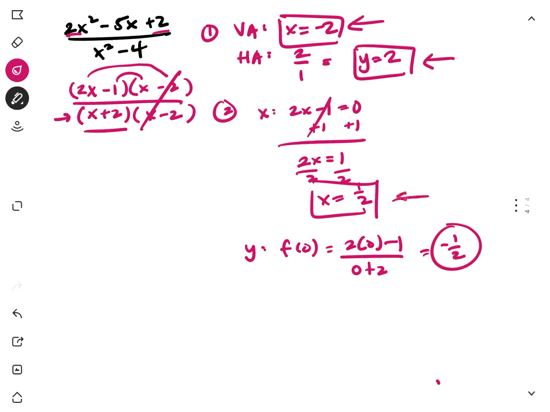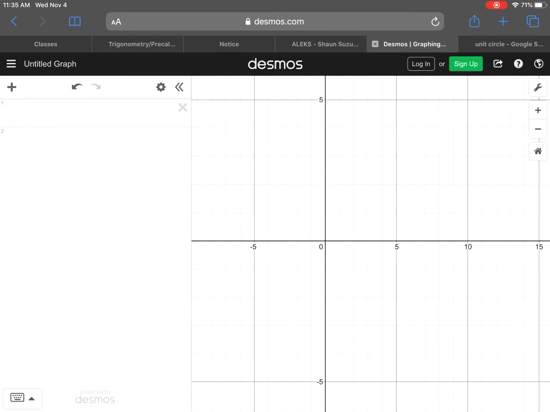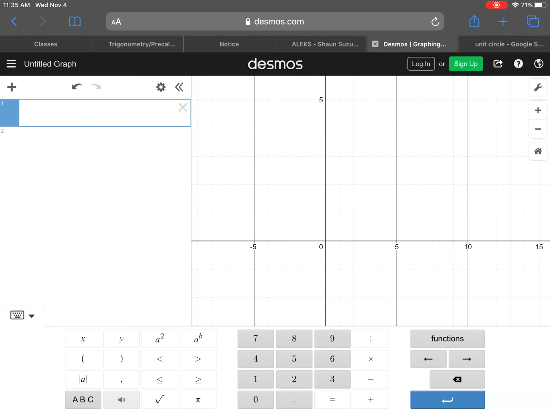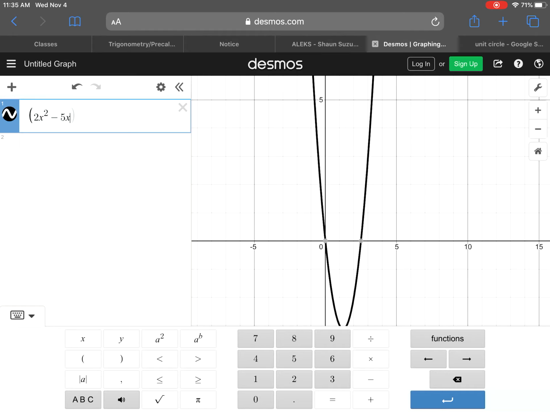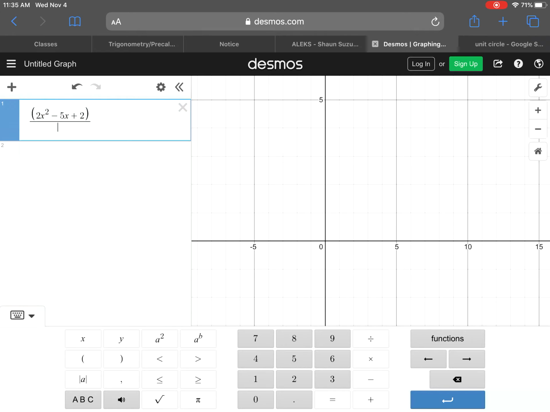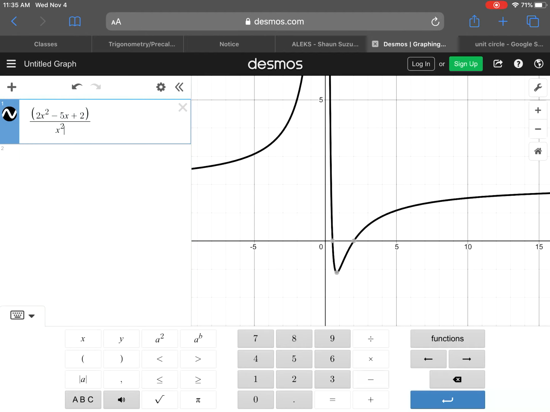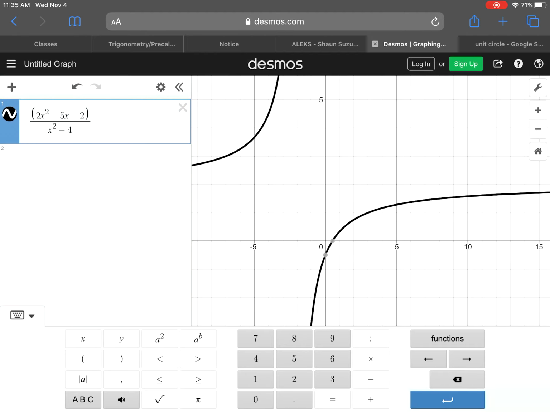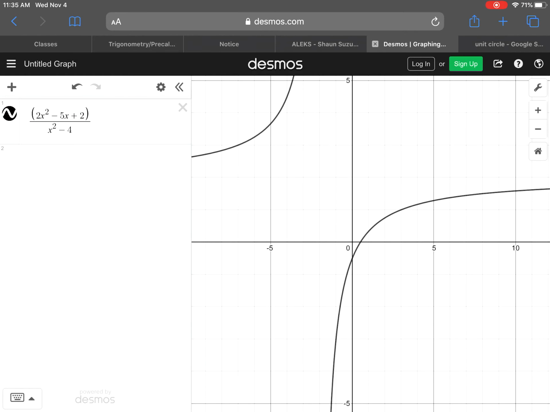So let's put this all together: 2x squared minus 5x plus 2, divided by x squared minus 4.